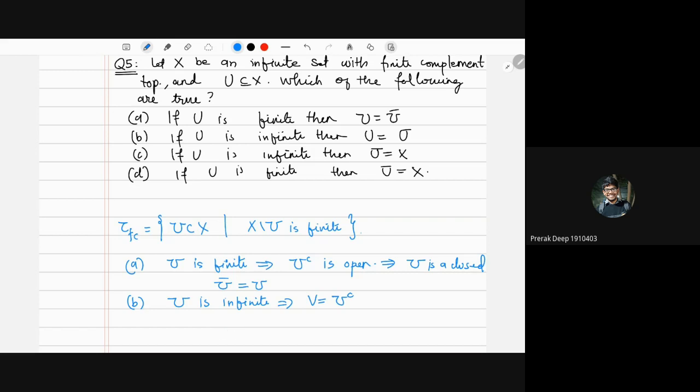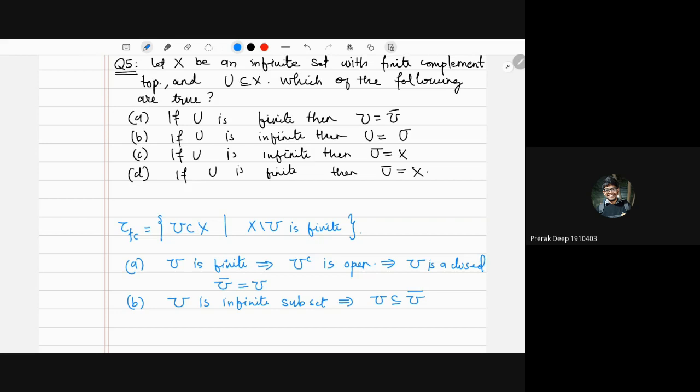Okay. So let us look at this. U is an infinite subset, right? So U closure, and we already know that U is contained inside its closure. U is a subset of U closure.